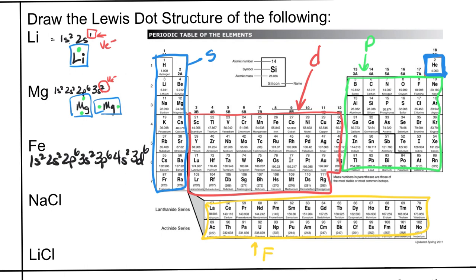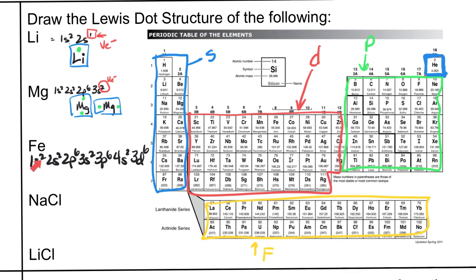So we've got the full configuration here for iron, and notice here 1s2 is because in the first orbital we've got 1, 2 positions, 2s2, second orbital 1, 2, 2p6, that means second orbital all the way across, all of these are filled, and there's a total of 6. 3s2 brings us right here, 3s1, 3s2, 3p6, if we continue on, that's third orbital in the p group, and there's a total of 6. 4s2 right here, 4s1, 4s2, and then 4 minus 1 is 3, 3d, that means 3d1 all the way to 6 right here.